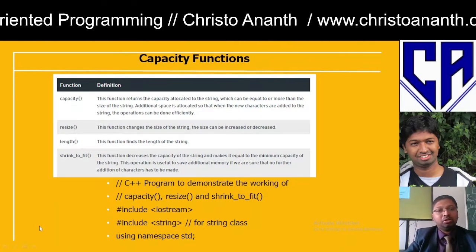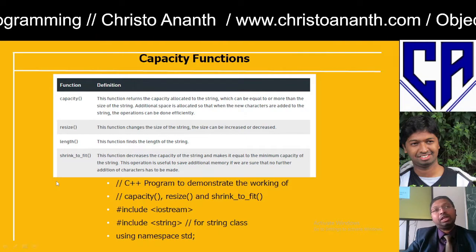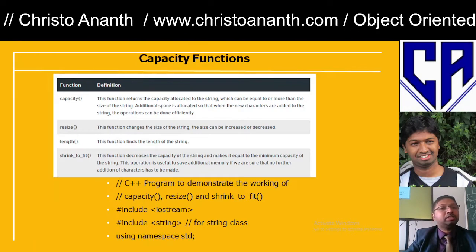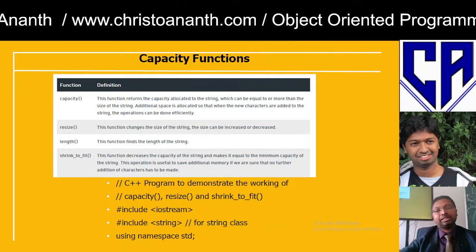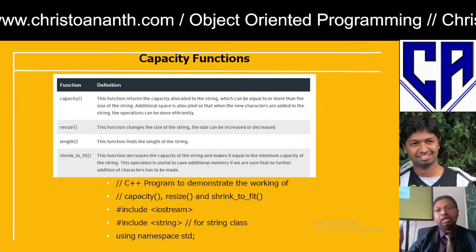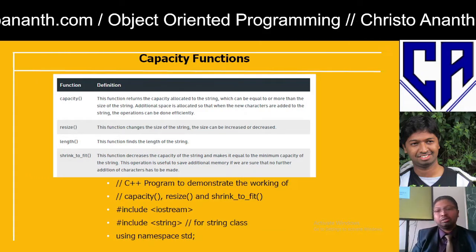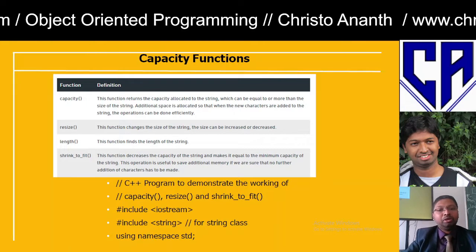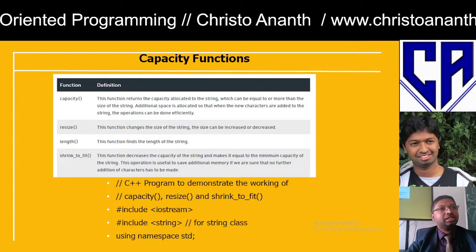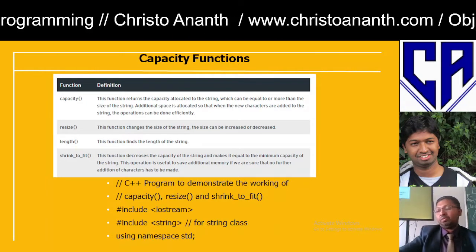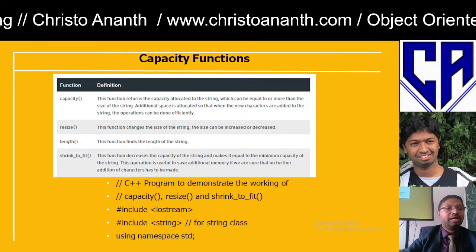So the difference between capacity and shrink_to_fit is that capacity allocates extra space, but shrink_to_fit saves that additional space. With capacity there is a provision, if you want to add characters, you can add them.